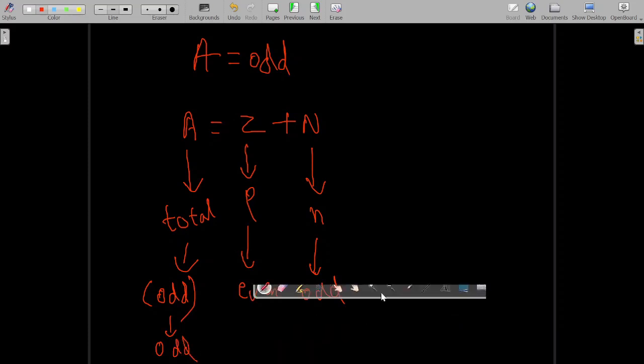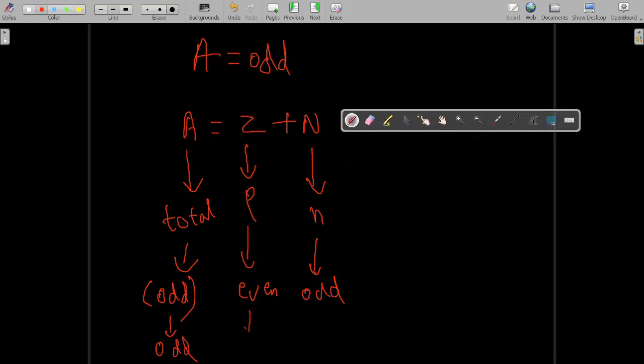So two cases are possible, right? Either this must be odd, then this will be even, because even plus odd is the thing which gives you odd. If you add two odd numbers, what will happen?